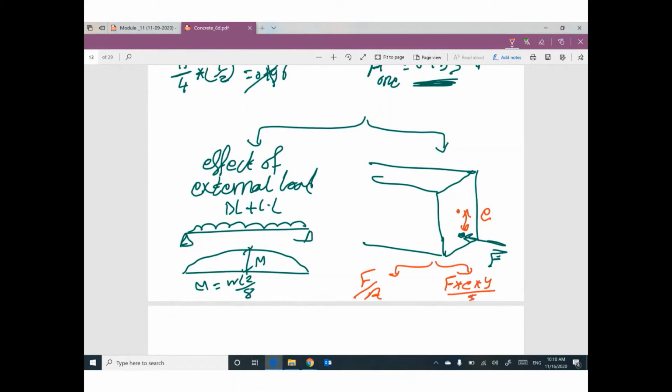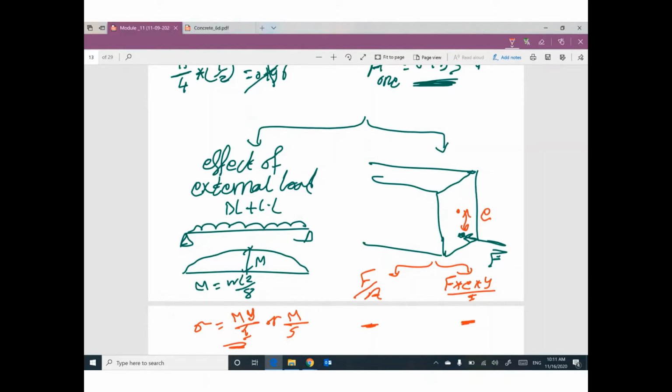Do you remember that? For this one, we have stress equal to M times Y divided by I, or sometimes M divided by S. So we have stress here, here, and here. We need to add them together to get the final stress.